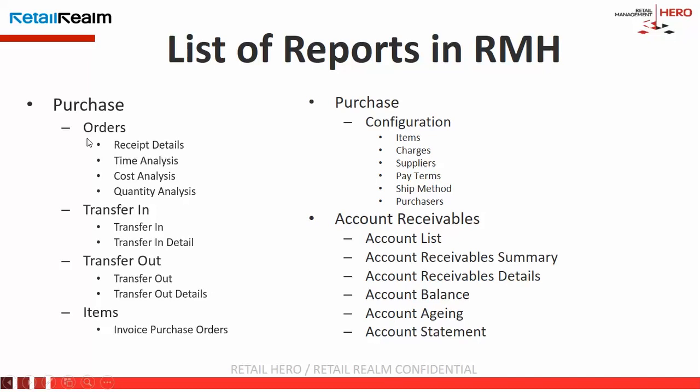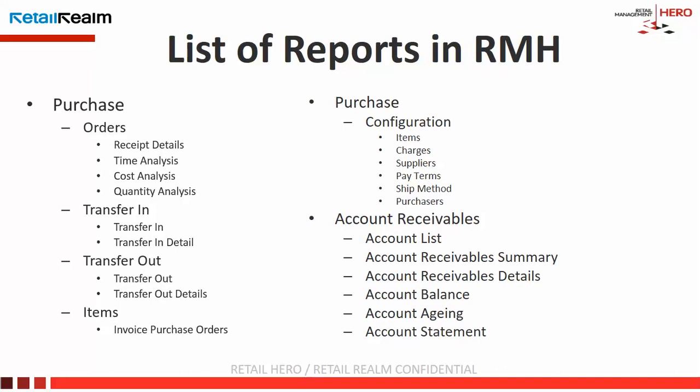And some additional reports around purchase orders: receipt, item receipt, time analysis, cost analysis, quantity analysis, transfer in and out, and invoice related reports. So these are some of the reports, a total of 80 plus reports we have in RMH back office.